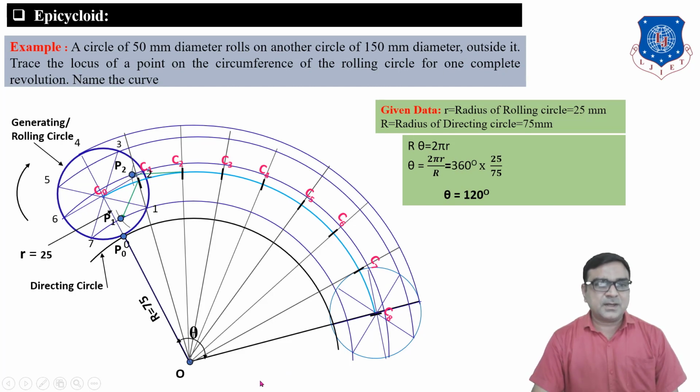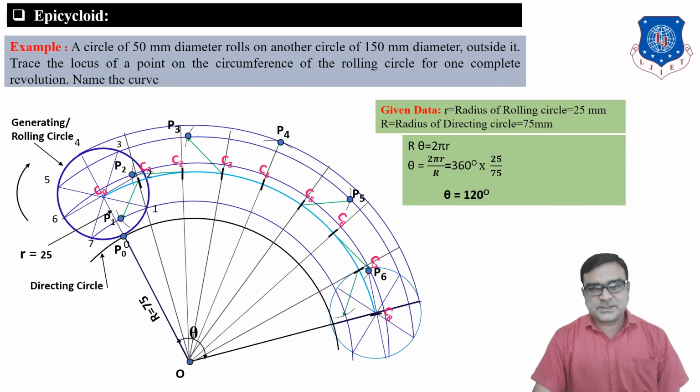P2. Then C3, P3, C4, P4, C5, P5, C6 center, 25 mm radius, draw arc which is passing from point 6 and 2.